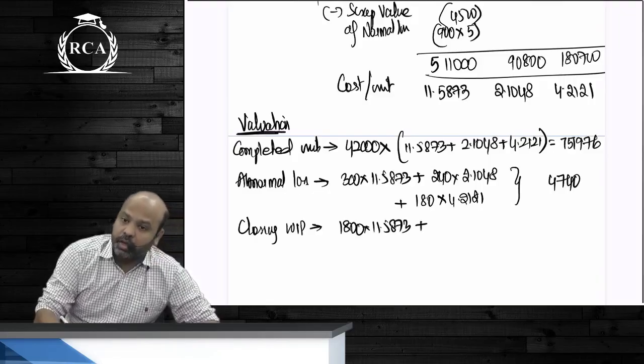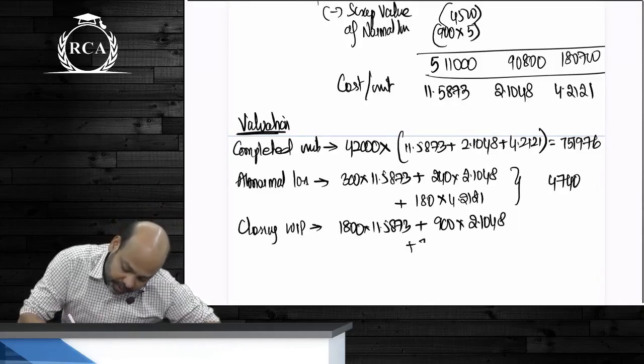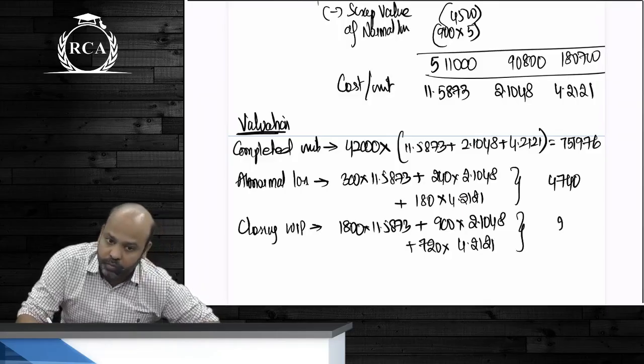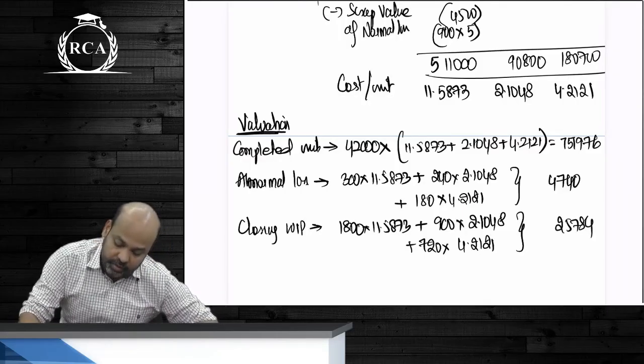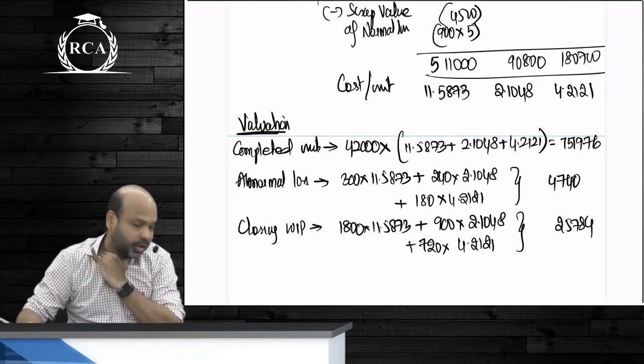Labor 900 into 2.1048. Overheads would be 720 units into 4.2121. How much will this be? 25,784. This will be the amount of closing work in progress.